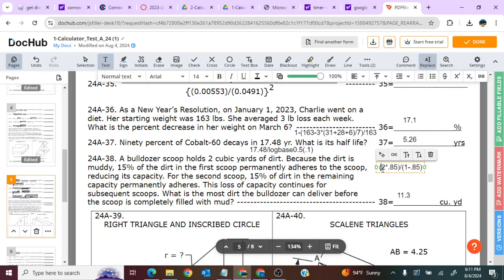To find the sum, you take the first value, which is the first amount of dirt bulldozed, 2 times 0.85, and then divide it by 1 minus the common ratio. Since 15% is going away, 0.85 is remaining. 1 minus 0.85, divided by your original value, and you get 11.3 scoops or bulldozers filled with mud.